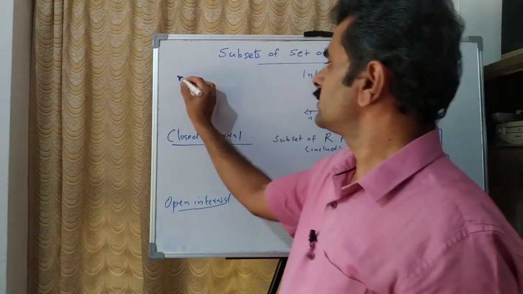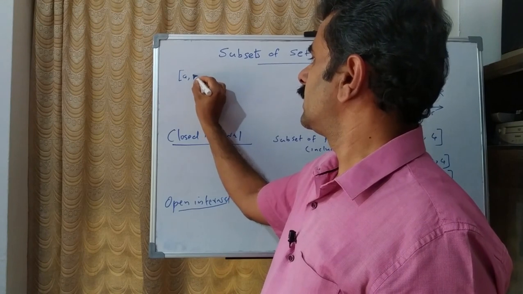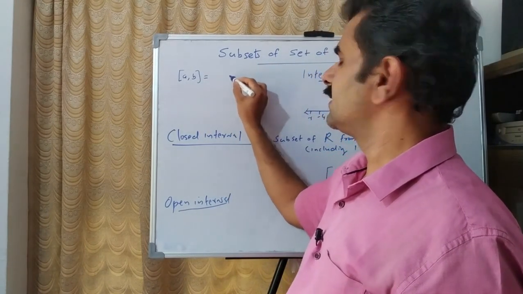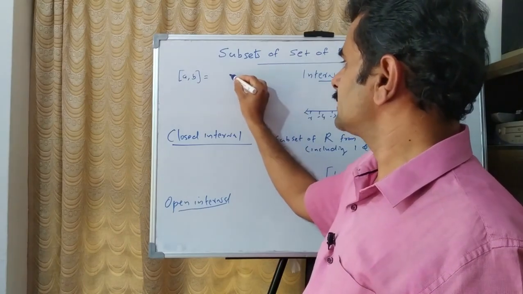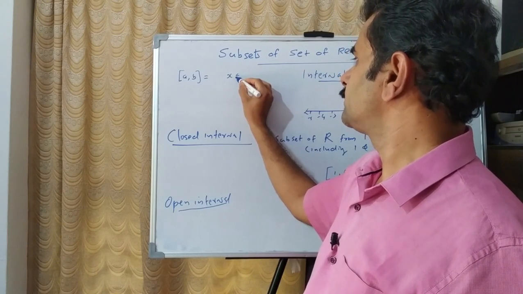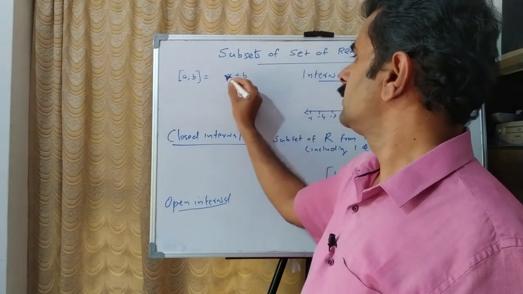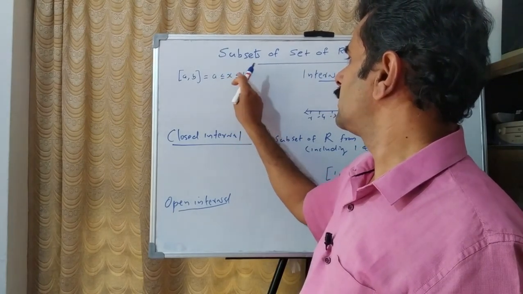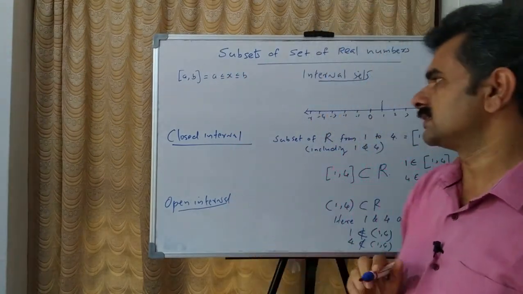Generally, closed interval [a, b] is equal to what? All the numbers x such that a less than or equal to x less than or equal to b. This is the common notation for this.